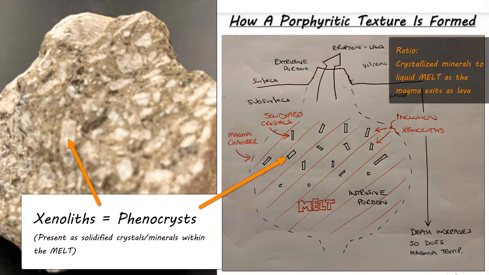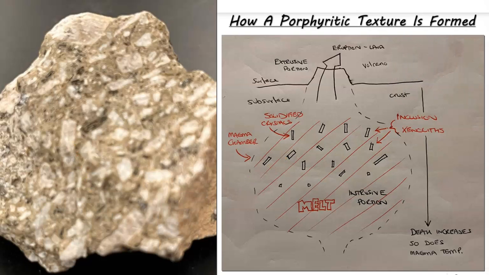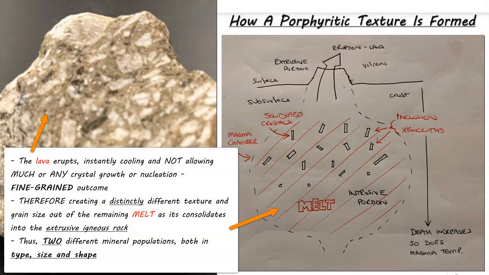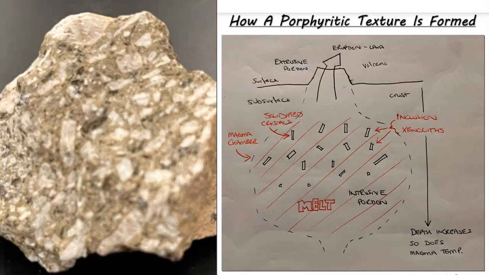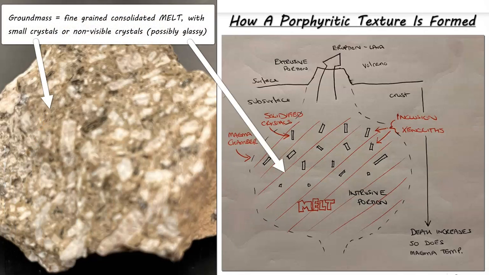The remaining melt that has not yet crystallized cools down quickly when it's exposed to the atmosphere, or under the ocean but on the surface, and doesn't have time to form crystals. It becomes literally like frozen liquid, like an obsidian or a pitchstone. So this groundmass is formed with a fine or aphanitic texture, where you can't see the crystals because they don't have time to grow.